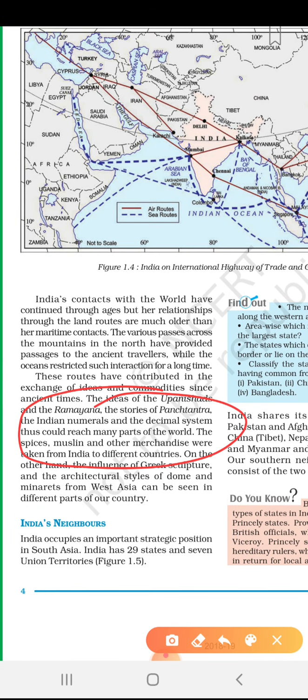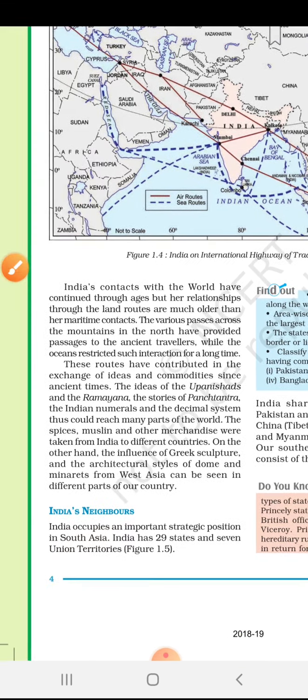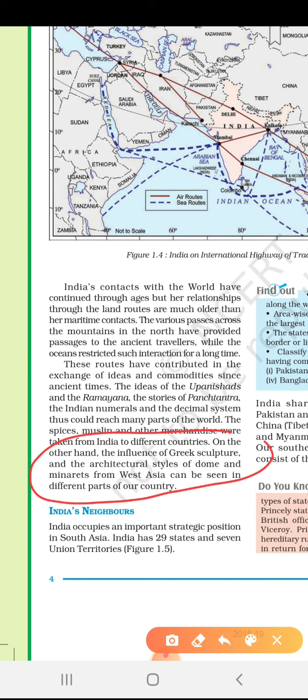Spices, muslin, and other merchandise were taken from India to different countries. On the other hand, the influence of Greek sculpture and the architectural style of domes and minarets from West Asia can be seen in different parts of our country.